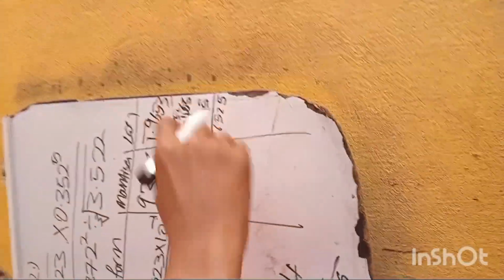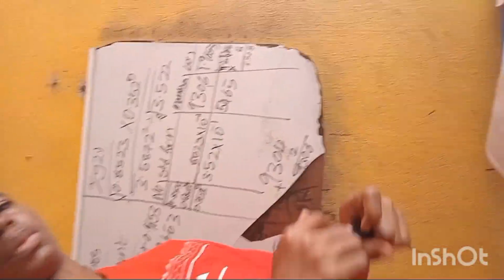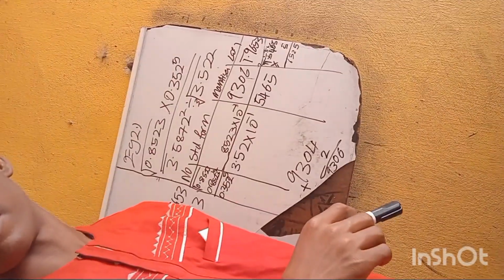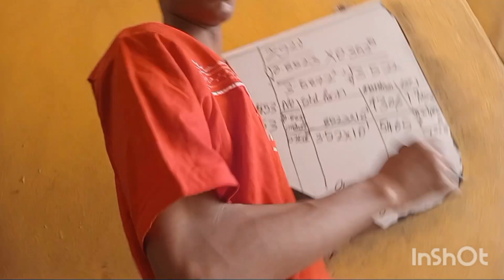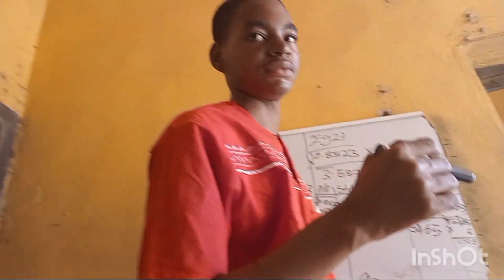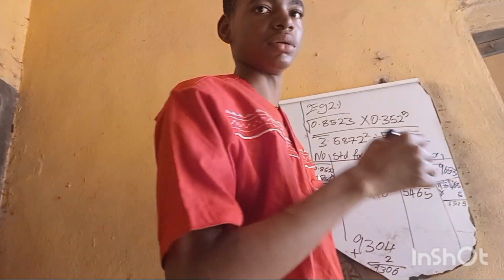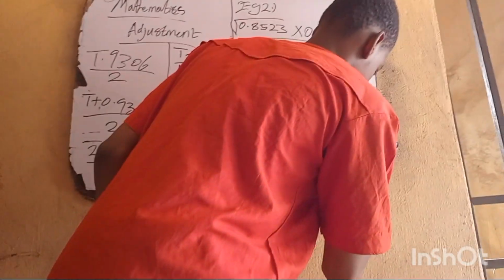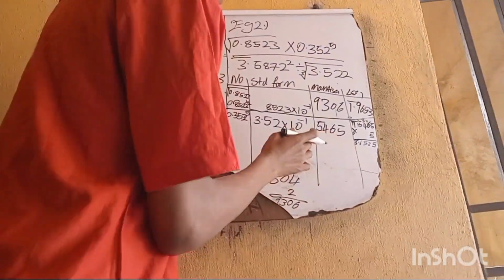Now 5 times bar 1, or 5 multiplied by minus 1, is minus 5. 2 minus 5 is minus 3, so we have bar 3 point 2735.